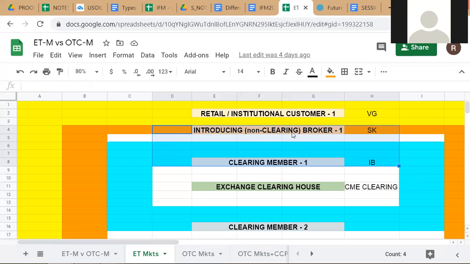So big brokers like Merrill Lynch, okay, in India, you'll have people like HDFC Securities, etc., who are going to be clearing members, and they'll also be talking directly to customers. The pure form of the clearing member does not talk directly to customers, but goes through the introducing brokers. But eventually, this is a kind of pure, prototypical diagram, which shows the pure functions of these different types of entities.